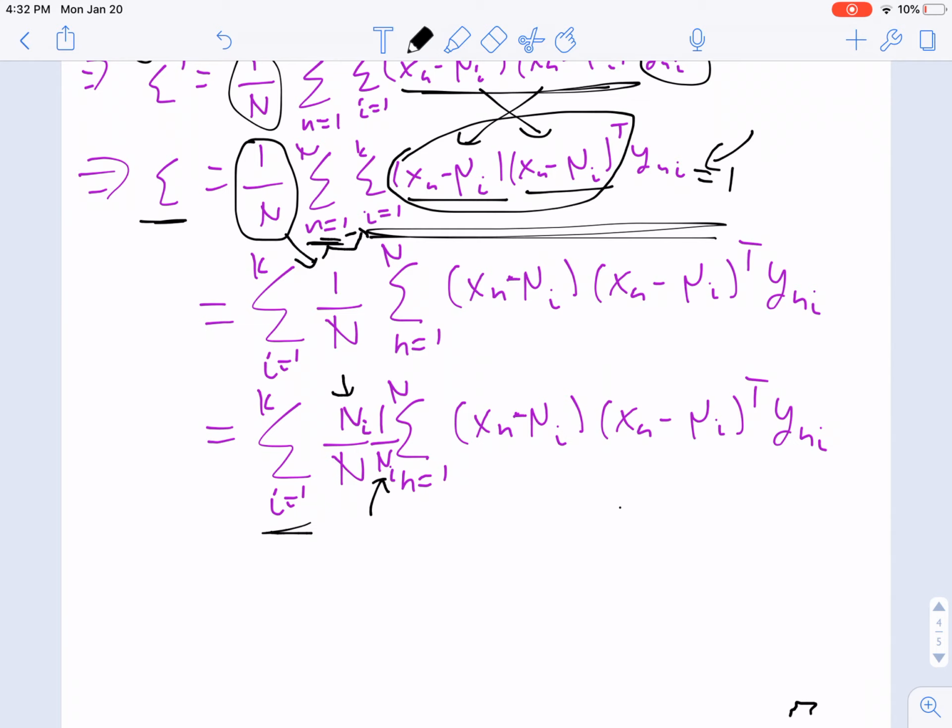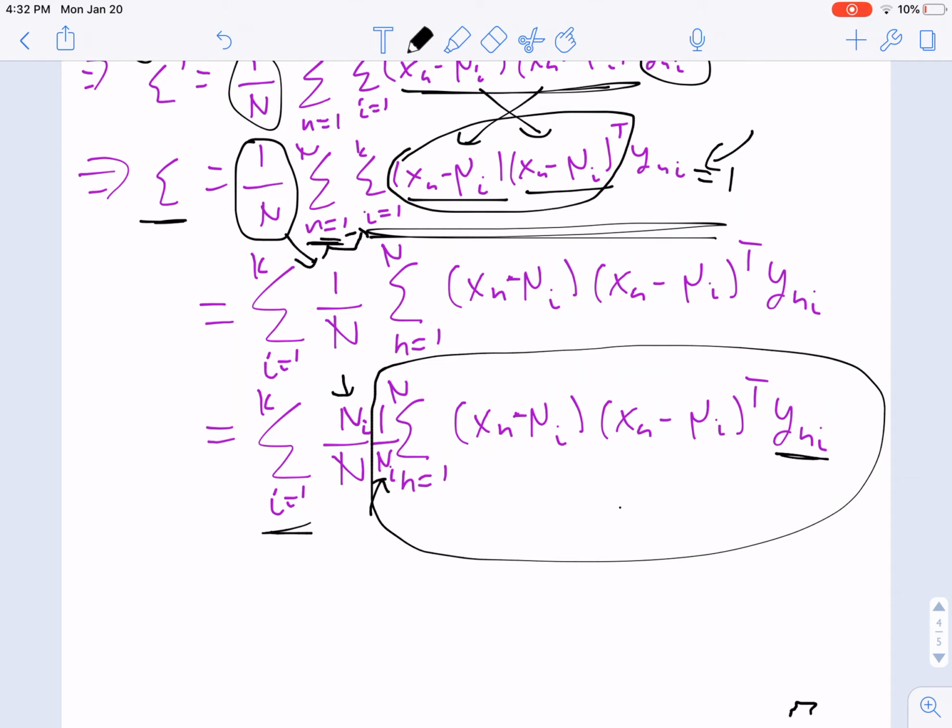I claim that this means that the overall covariance matrix is basically the weighted covariance matrix over all of the classes. And this inside is actually just the covariance matrix for class i, because y_ni is only going to be 1 for the data points that are in class i. So we're going to take the sum over the data points that are in class i of this quantity, and then divide by the number of data points that are in class i right here at the end.